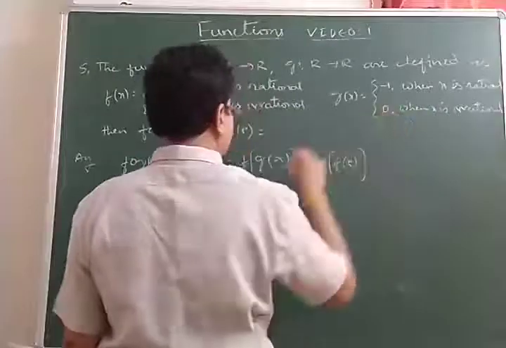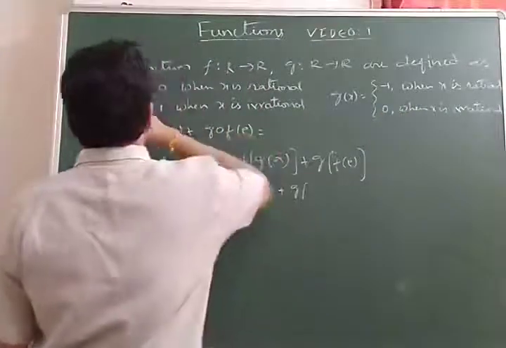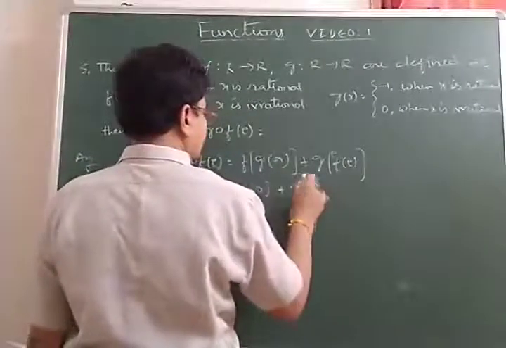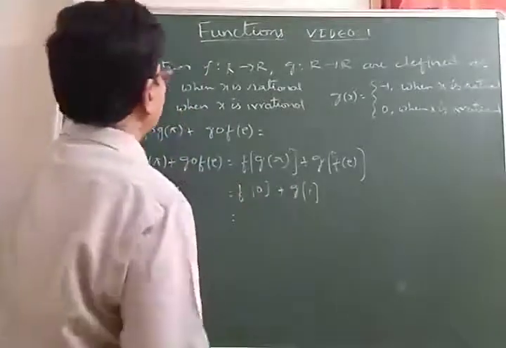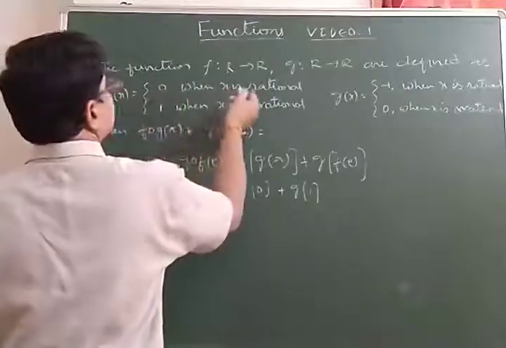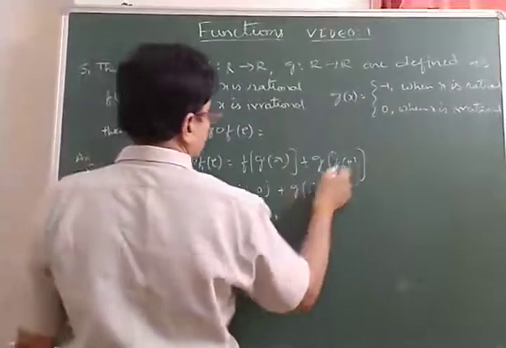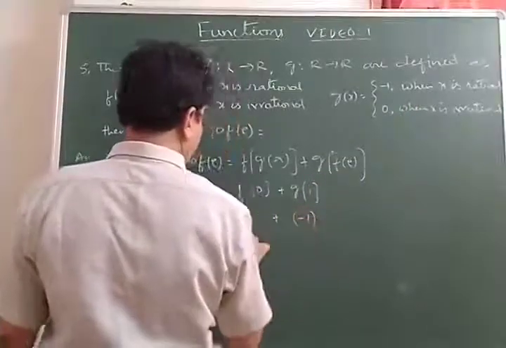Plus g of f of e. f of e is also 1, since e is irrational. Now f of 0: 0 is a real number, and that means rational, so f of 0 is 0, plus g of 1. 1 is also rational, so its value is minus 1. So it is minus 1.